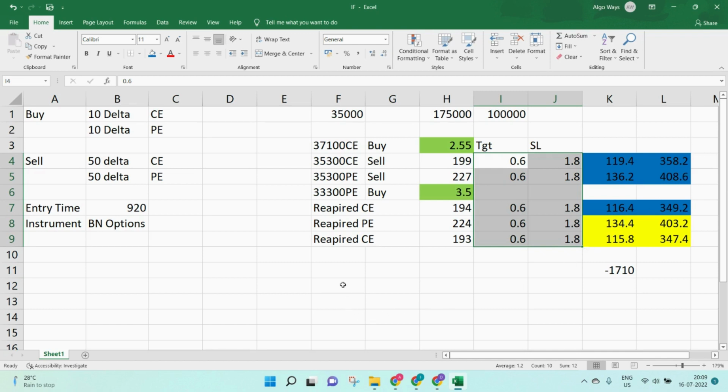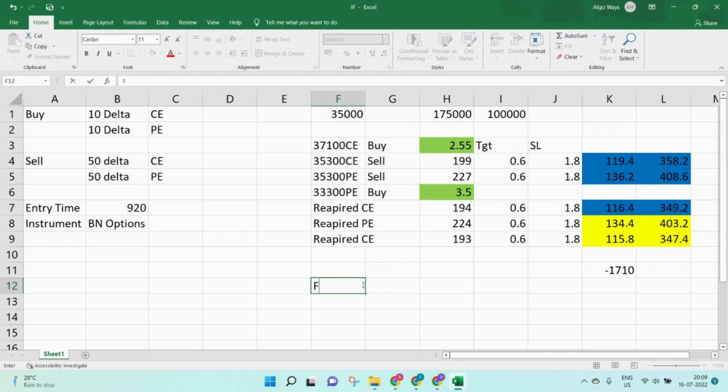So personally, based on experience, backtesting and live trading as well, for both legs let me put it day wise.